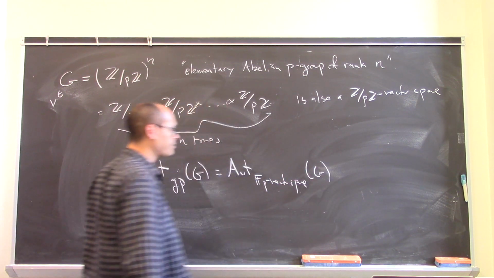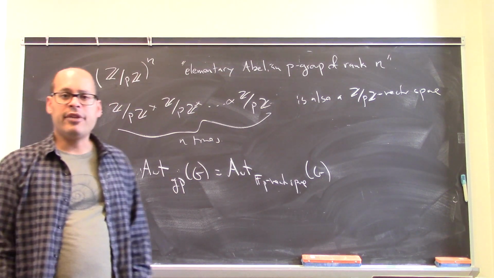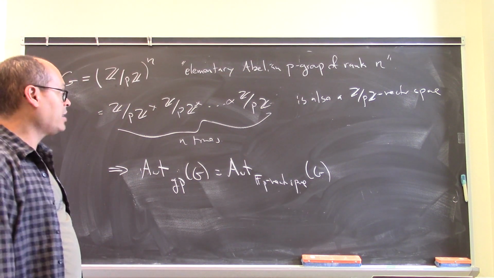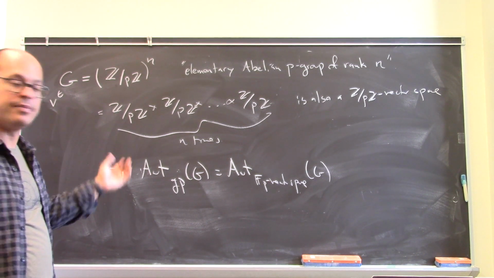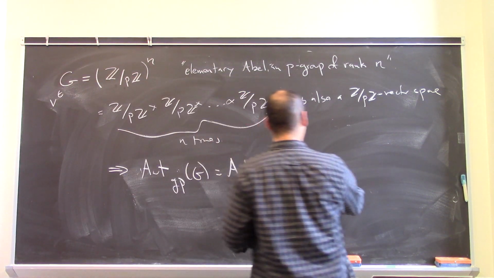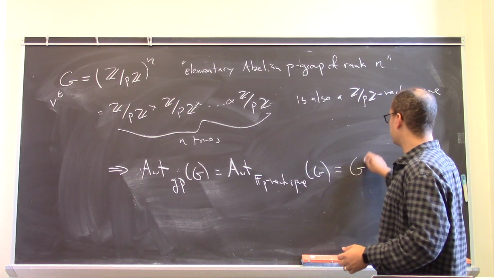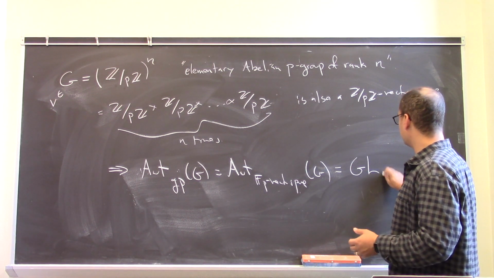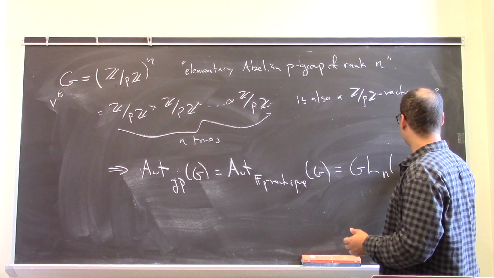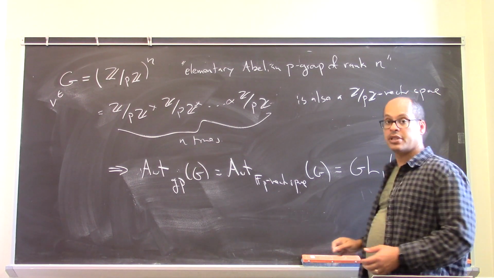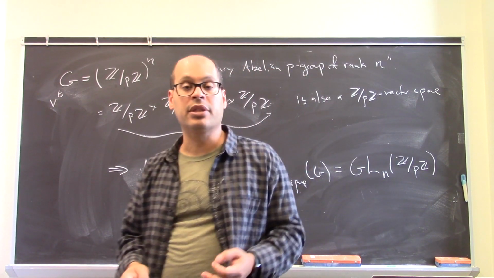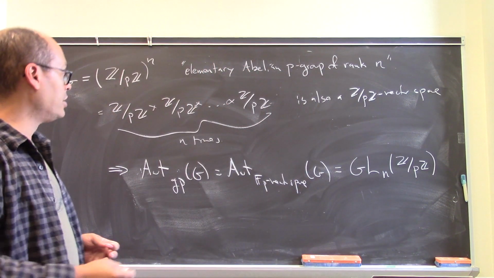As an F_p vector space, this is a vector space of dimension n, and the automorphisms of such a vector space are given by n by n matrices with entries in the field. And so in this case, we at least get a translation of our description of the automorphism group.